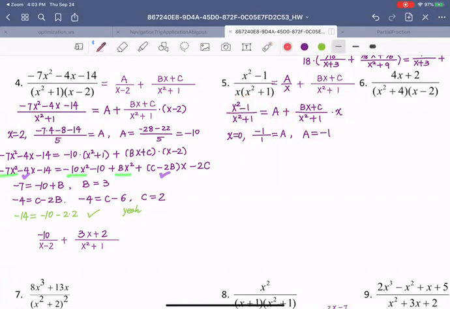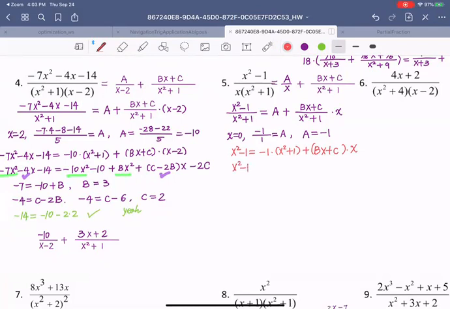So your left becomes x squared minus 1 equals a, which is -1, times x squared plus 1, plus this guy was taken away, that is bx plus c times x.